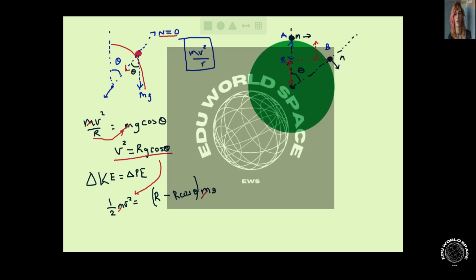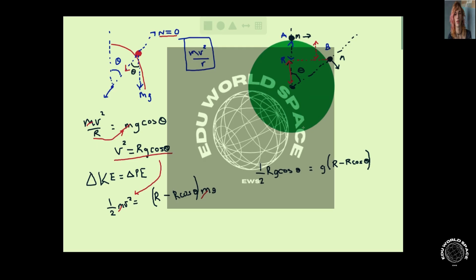So now we can neaten this up and say that 1/2 rg cos theta is equal to g times (r minus r cos theta).